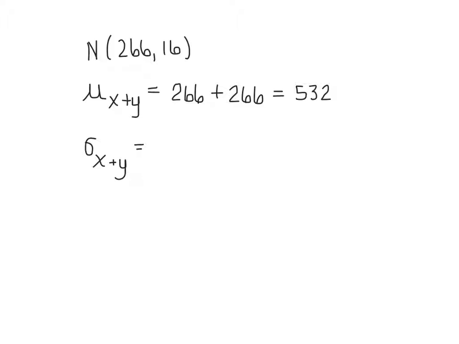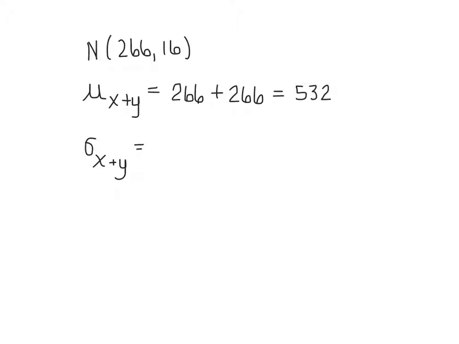Now the standard deviation. The standard deviation of X plus Y cannot be determined by adding the standard deviations. If these pregnancies were pulled independently from one another, and it didn't say that, so I might mention my concern in my response, we can add the variances of the distributions that each of them comes from.